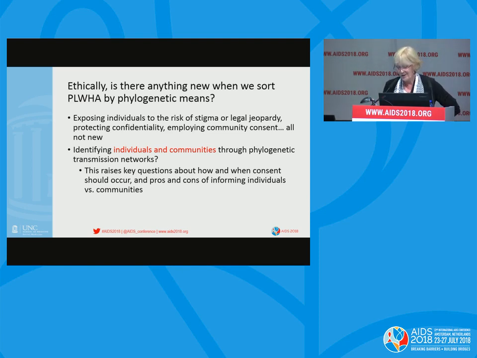That's going to be quite hard to explain. And it's not clear who should be making these decisions when the implications are for communities and for individuals as well.